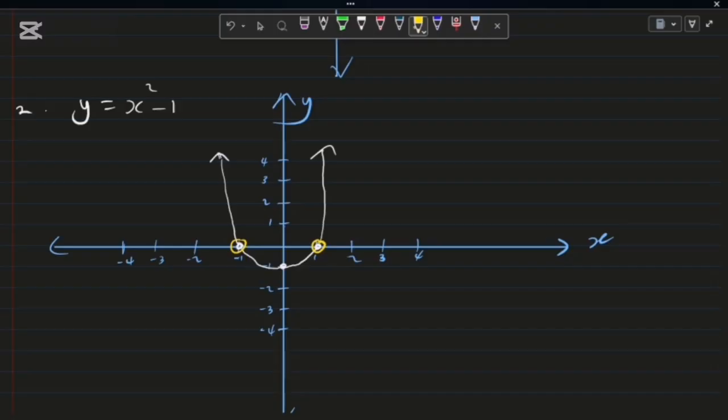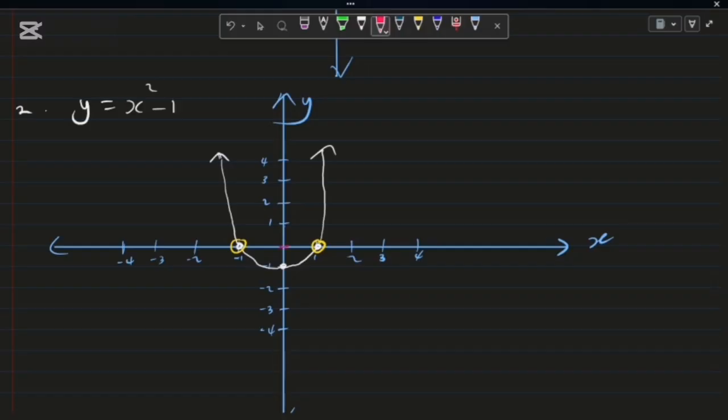But if you look at the y value at those x values, you see that the y values are the same, because for this x, the y value is 0. For that one, the y value is 0 as well. So this is the y, and these are the two x's.